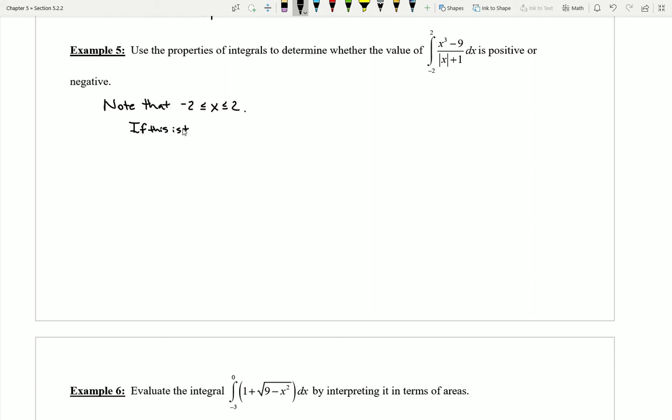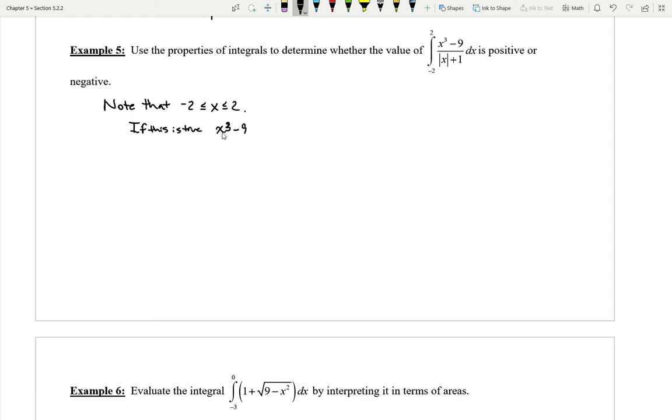So if I have a value of x in this interval, let's take a look at the numerator of our fraction. If I was to do x to the third power minus 9, could I guarantee anything about the result? Well, notice if I cubed a negative number in here, I would get something negative, minus 9, which would produce something that's negative.